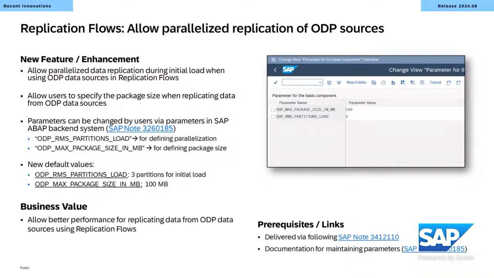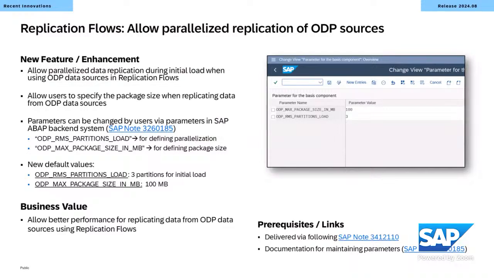And one feature is the parallelized replication of ODP data sources. That means during the initial load in the past, we had unfortunately only a single thread process, resulting in poor performance, for example, compared to remote tables. And what we have now done is we have enhanced this.